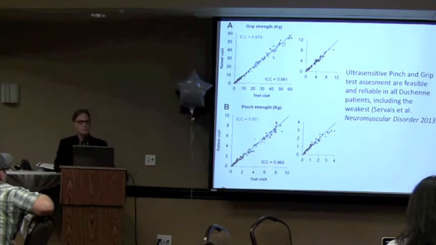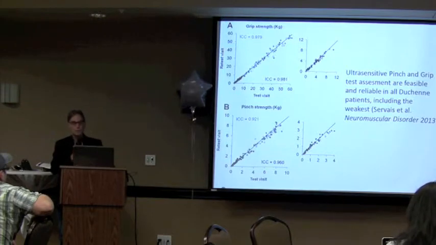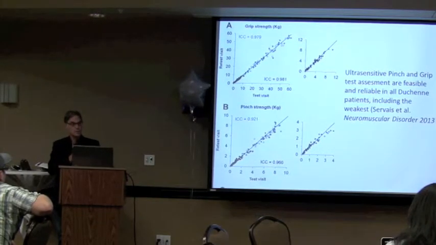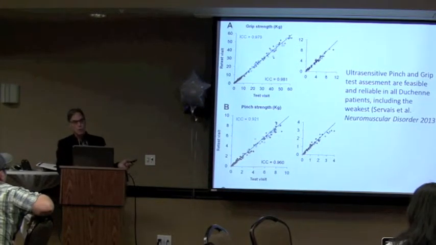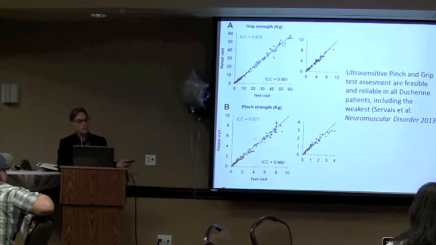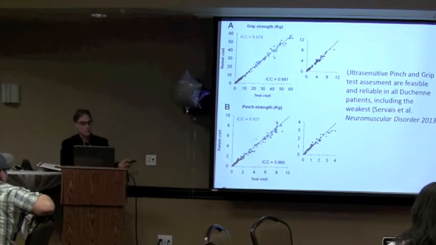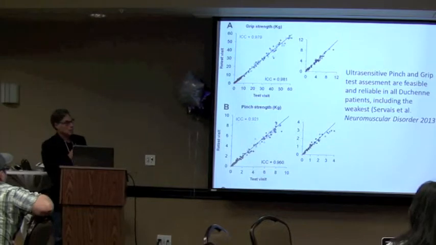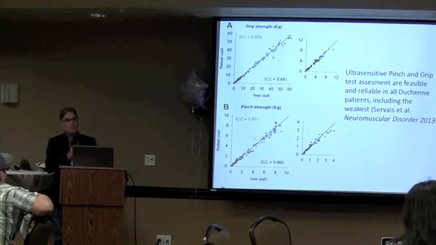And what you see is that it really describes a sort of 45-degree angle. So the retest validity of these instruments is extremely good, and not only that, it's extremely good across a broad range of abilities, especially down at the bottom where I think a lot of the MTM patients are going to be, and right up to the top.